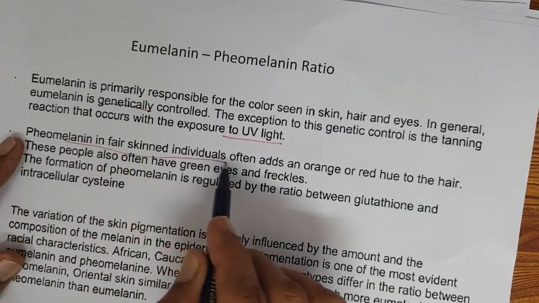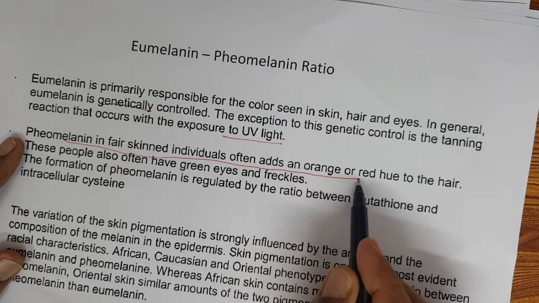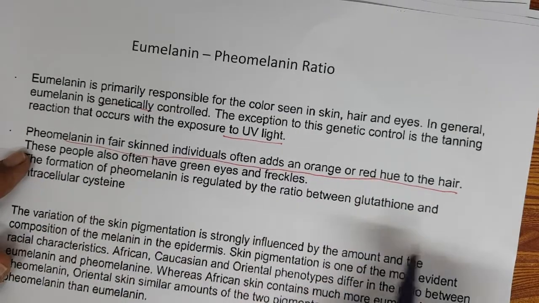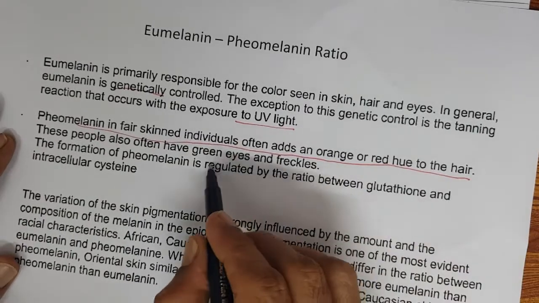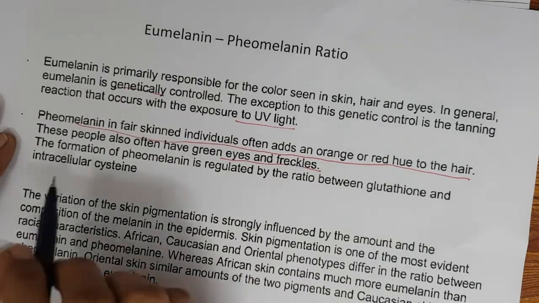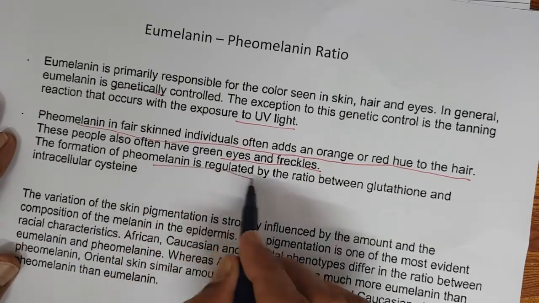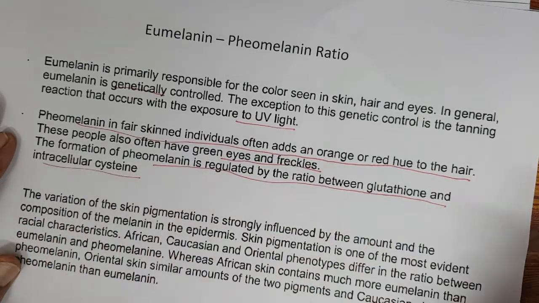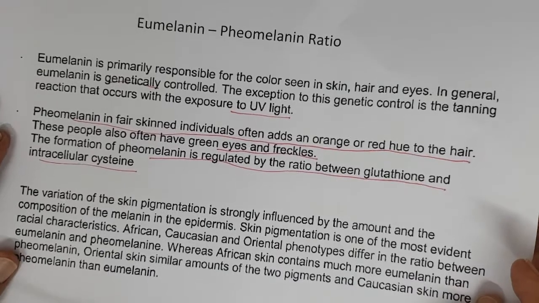Pheomelanin in fair-skinned individuals often adds an orange or red hue to the hair. These people often have green eyes and a lot of freckles. Freckles means in skin you can see a lot of blemishes. The formation of pheomelanin is regulated by the ratio between these two amino acids, glutathione and cysteine.